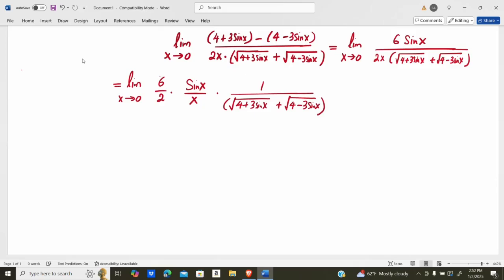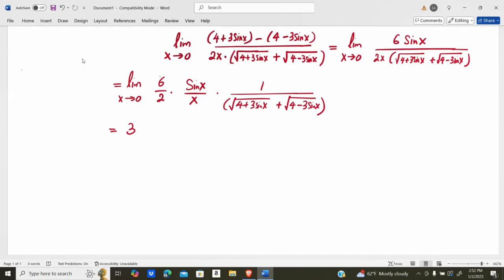Okay. Now I'm going to distribute the limit among these three terms. You can see 6 over 2 is 3, and 3 is a constant, so it's not going to get affected by the limit. I'm going to take it out like this.